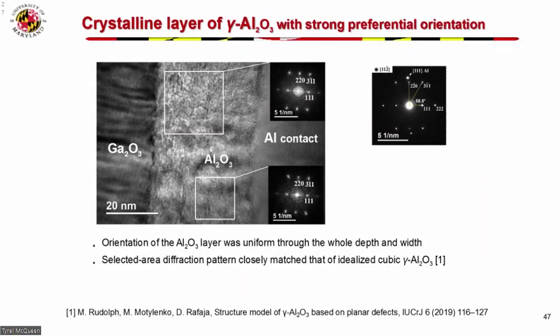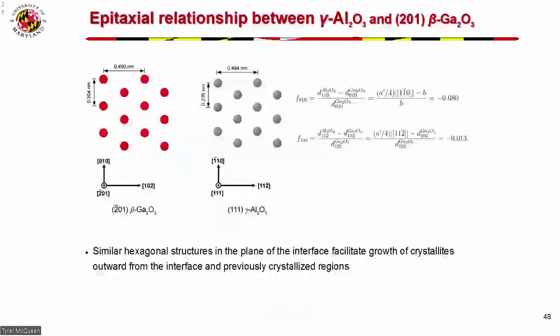So it becomes a single crystal film, same orientation. It's actually the gamma aluminum oxide, which is a cubic phase, whereas the gallium oxide is a monoclinic phase. So a beta, beta gallium oxide.